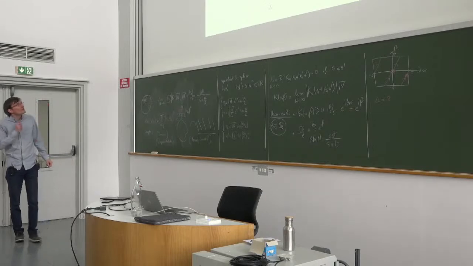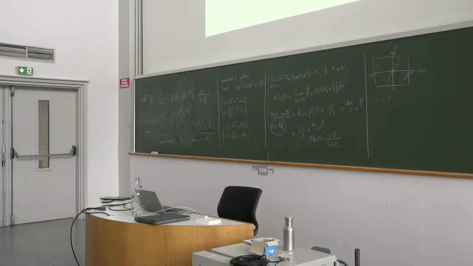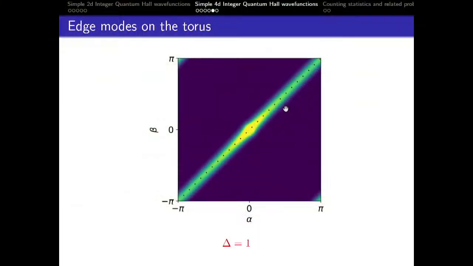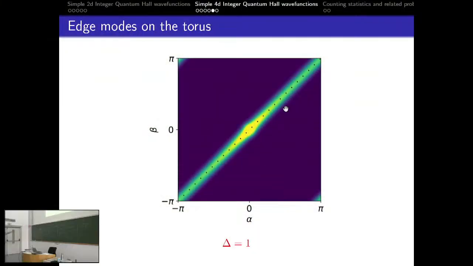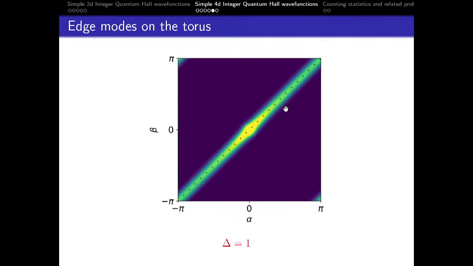And maybe it's better if I show what I did on the plots. I do something similar. I plot this correlator for the largest n I can do, on this torus. I take points at the edge which are parameterized like this. Theta prime equals theta, and the only degrees of freedom I have left are alpha and beta.